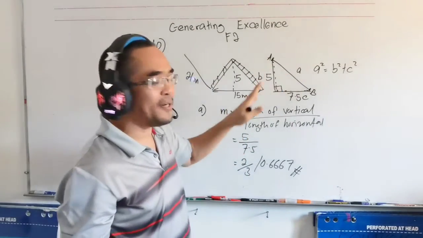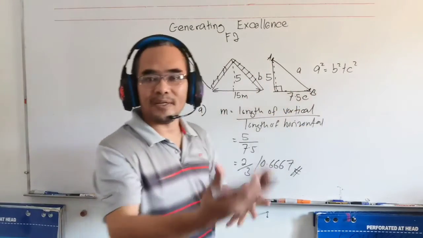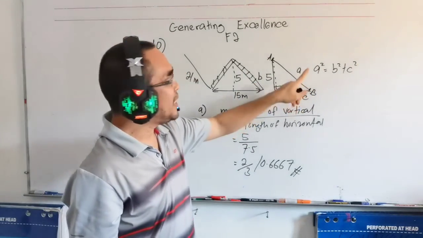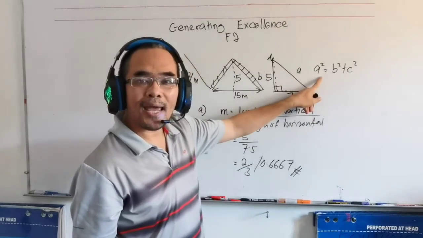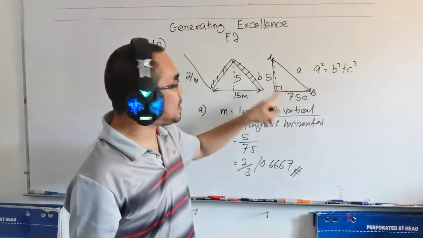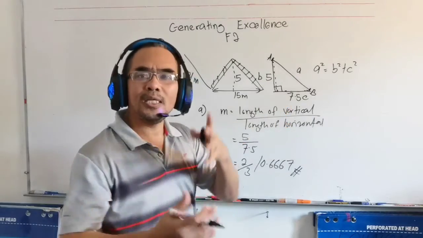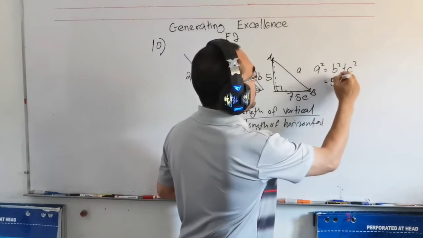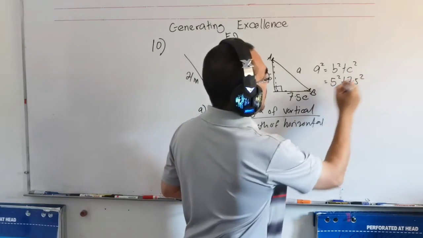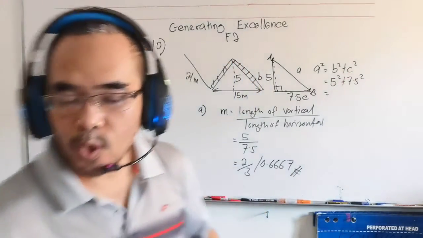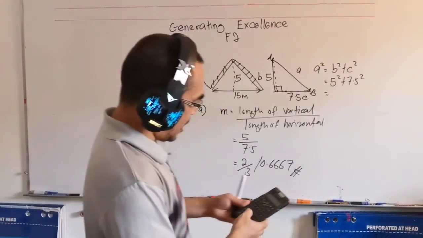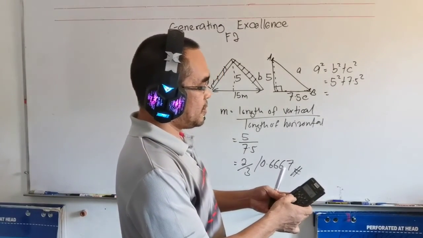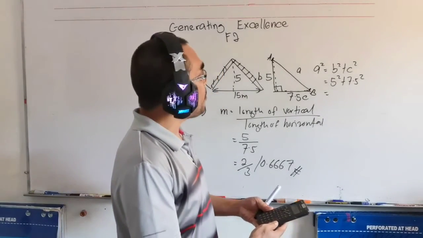If your teacher labels differently, it will be different. What is important is that one side is the hypotenuse. So you add the two shorter sides together: 5 squared plus 7.5 squared, I need to use calculator, that is 81.25.